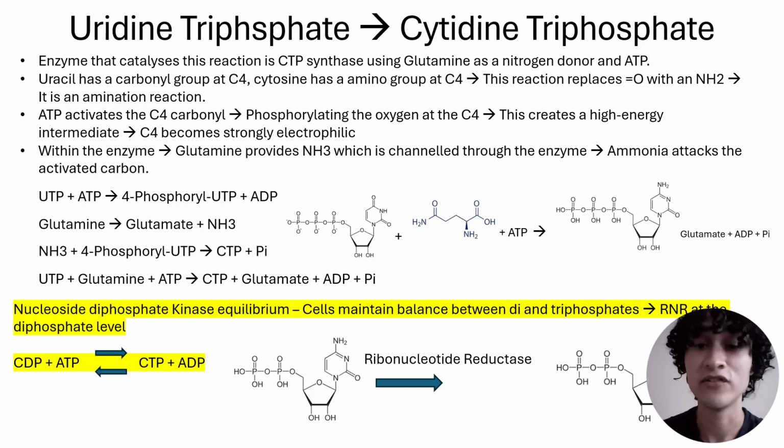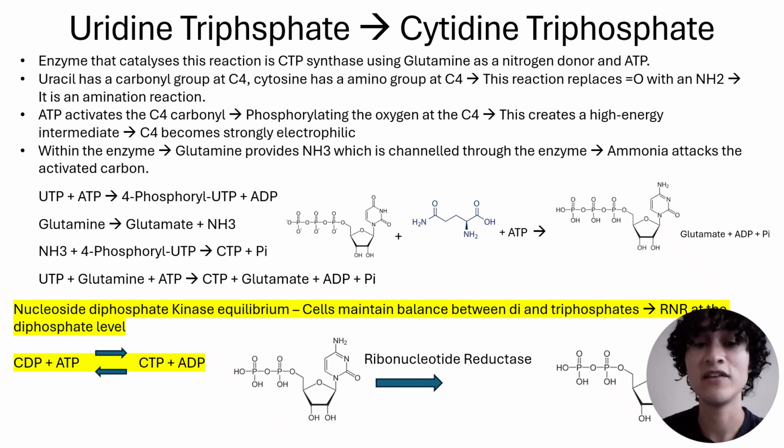And then when you get cytidine diphosphate, ribonucleotide reductase can work at the substrate level, and it can convert that ribose sugar into a deoxyribose sugar, and you get your deoxycytidine diphosphate, which can undergo another stepwise phosphorylation by kinase enzymes, becoming deoxycytidine triphosphate, a DNA-ready nucleotide, if you like.